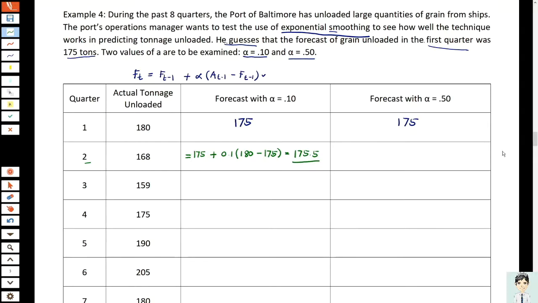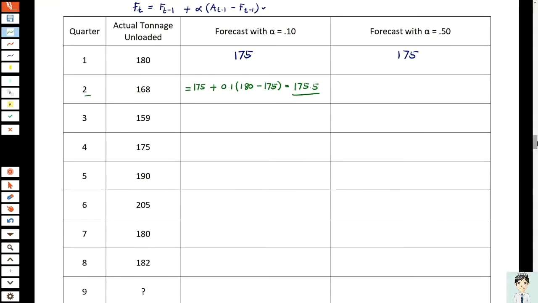For the third quarter, we do the same: 175.5, the forecast of the last period, plus 0.1 the smoothing constant, times the previous actual, 168, minus 175.5, which is equal to 174.5.